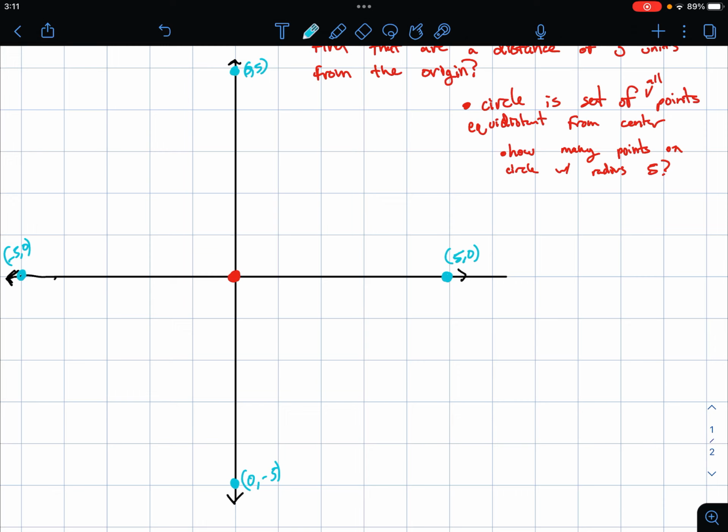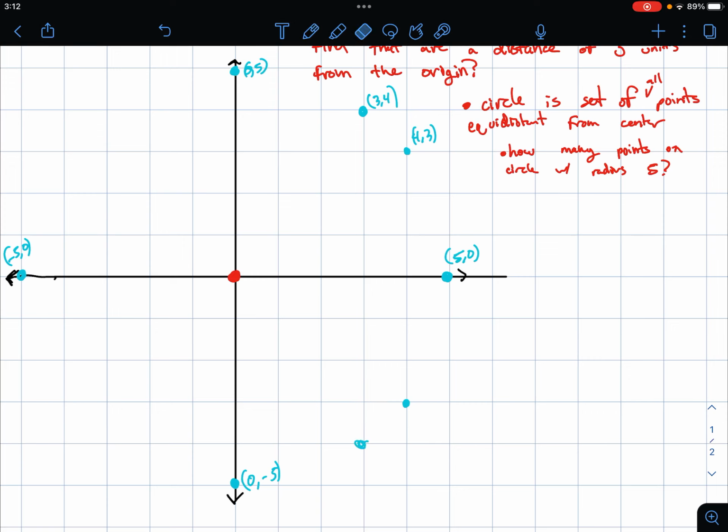And then if you recall, you might know, oh, 3, 4, 5 right triangles. So I can go over 3, up 4, giving me the coordinate (3, 4), or I could go over 4, up 3, giving me the coordinates (4, 3). And you could repeat this process with negatives. You could do (3, -4), (4, -3), and so on and so forth.